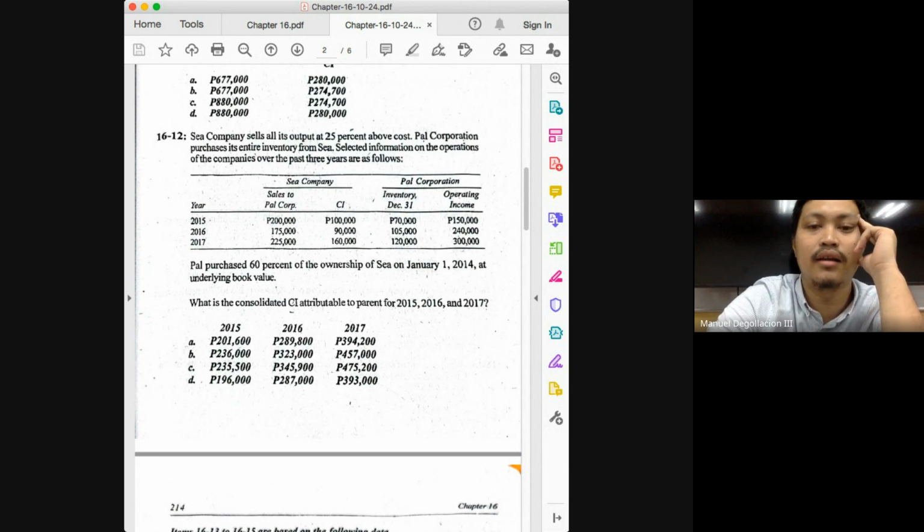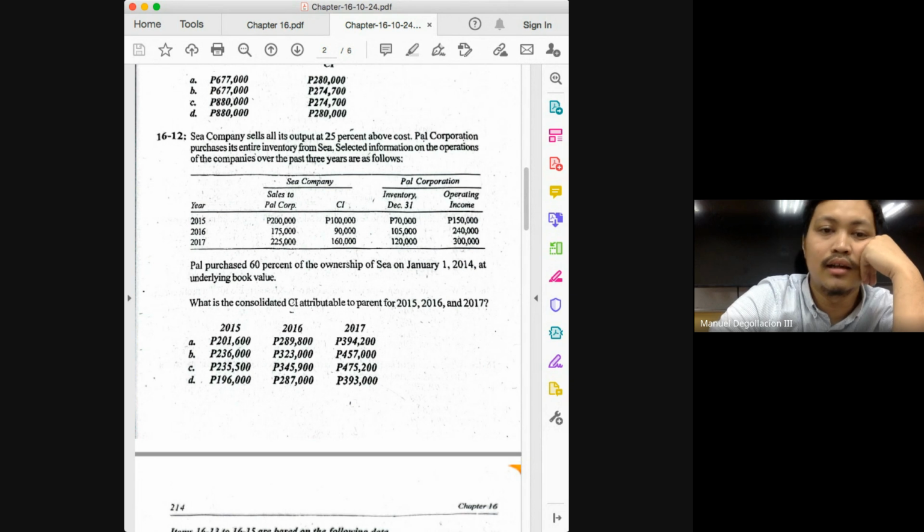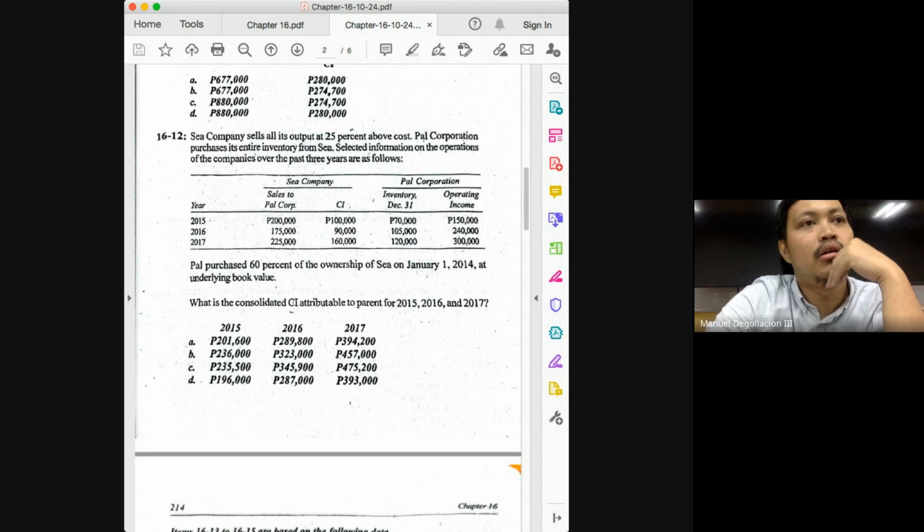But again, please do not think that it will not happen wherein you will have adjustments from intercompany transactions and adjustments from amortization of excess at the same time. Okay, it's just here that the problem is still trying to ease you into those kind of problems. So going back to intercompany transactions, for sale of inventories, how many adjustments are we going to have?